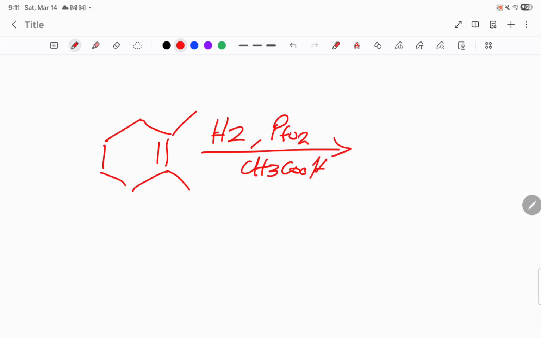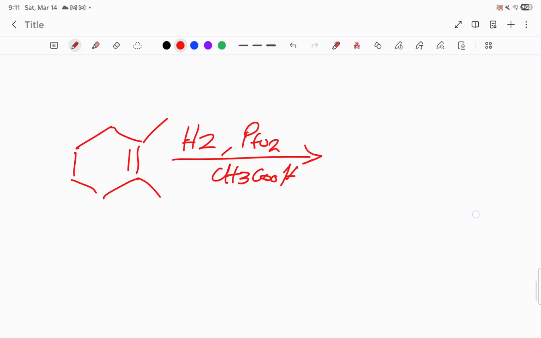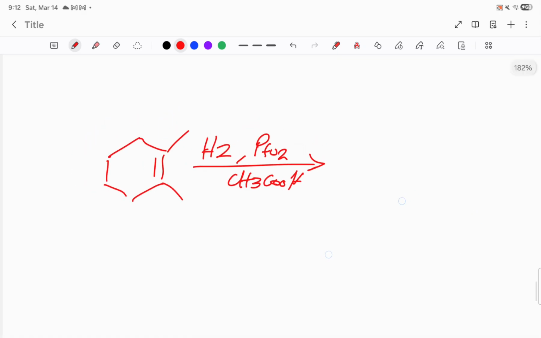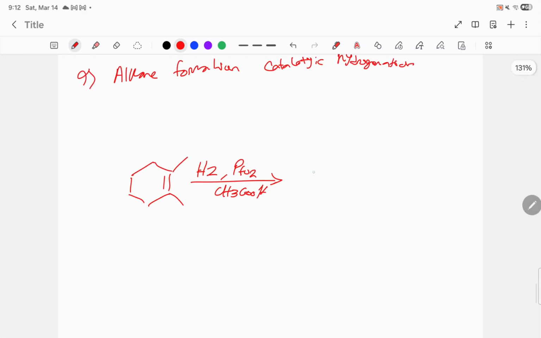But what this is doing is generating an alkane, with the hydrogens having specifically syn stereochemistry.